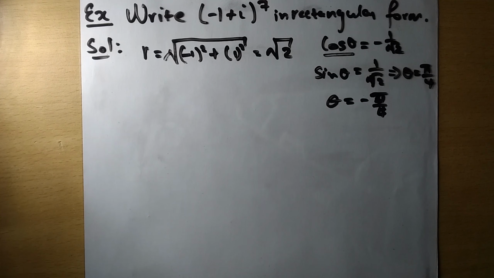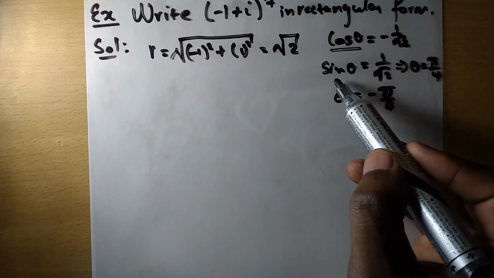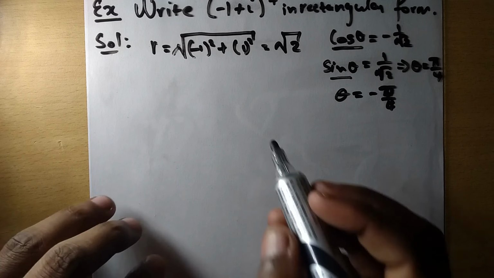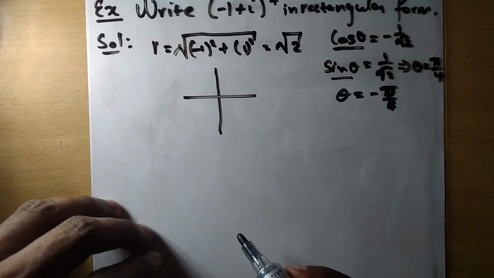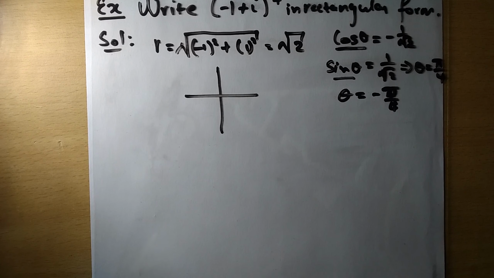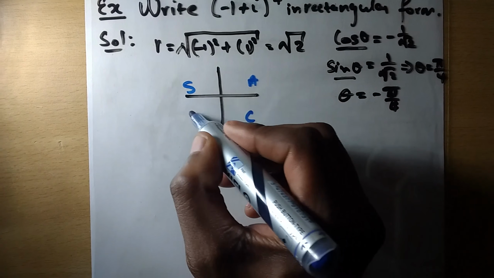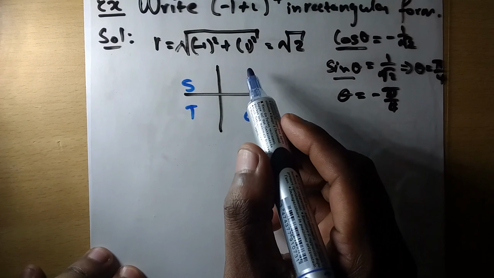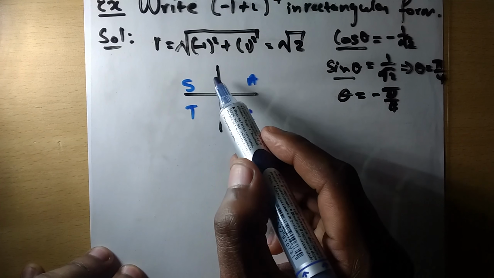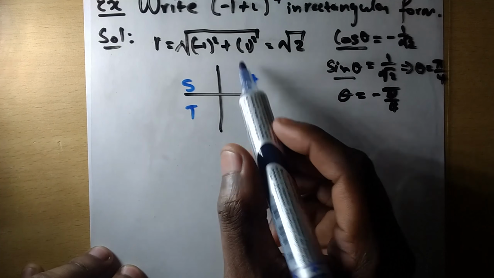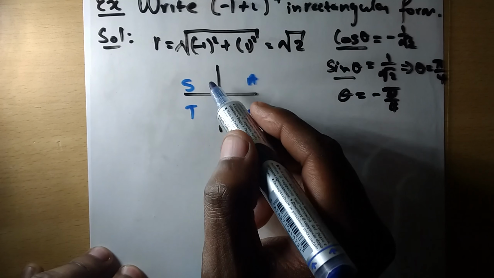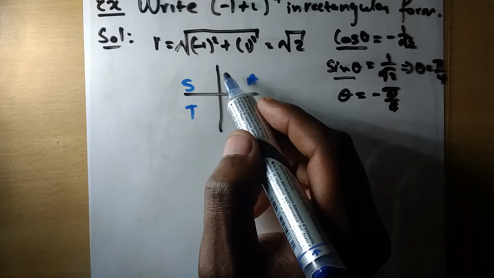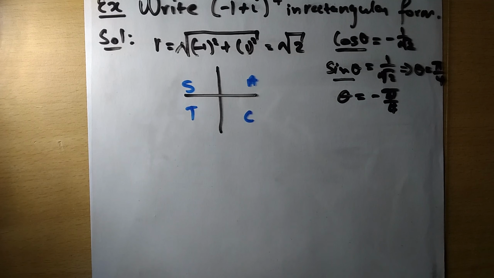Now we look at our trig functions, sine and cos, and then I draw that little CAST diagram. Here's my CAST diagram. Now we know that in the first quadrant all of them are positive, but in this case we want to know where sine is positive and cos is negative. It's in the second quadrant, which means the angle that is going to lie there is the angle that we are going to use to define this thing.